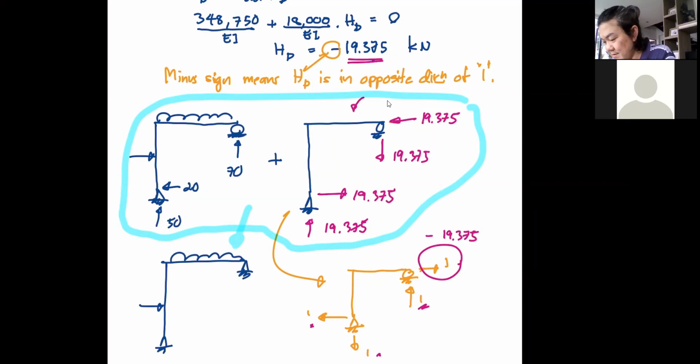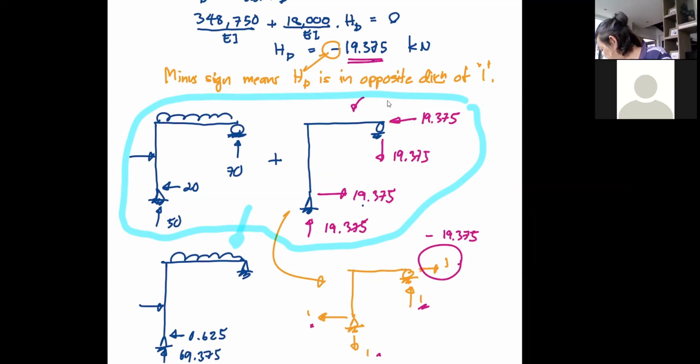This is 20 and then 19 in the opposite direction. So in the end, this is only 0.625. This is 50 up plus 19 more, so this becomes 69.375. This one's 70 up but 19 down.